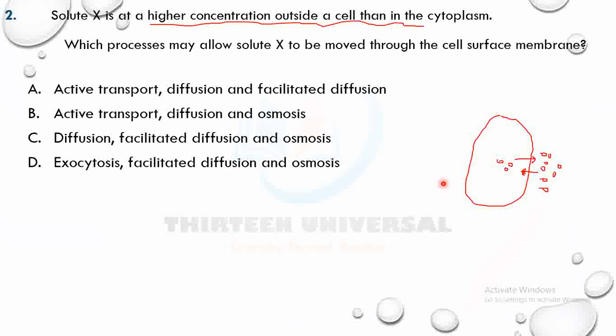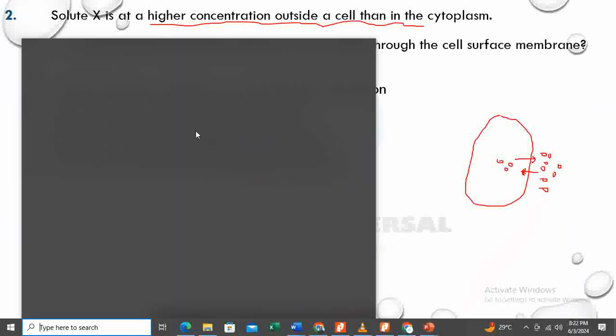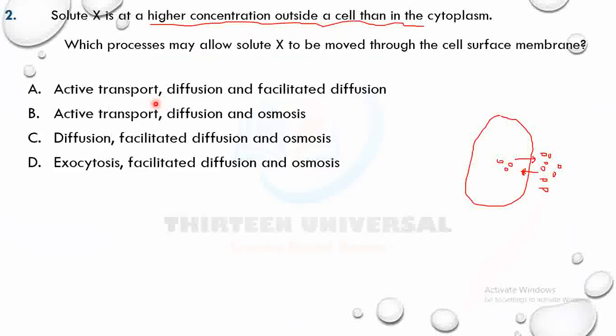So the option that has active transport, diffusion, and facilitated diffusion will be the answer. If you check it, you see that option is A. It can never be B, C or D, because B has osmosis, C has osmosis, D has osmosis.